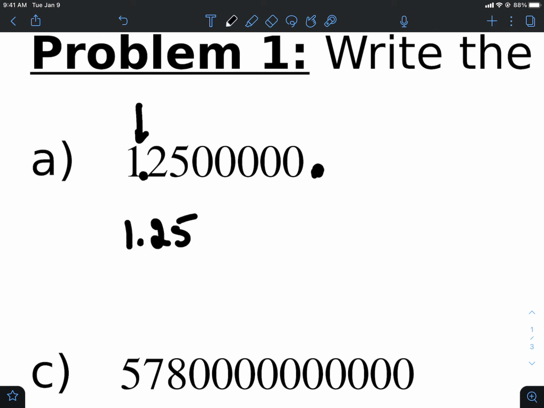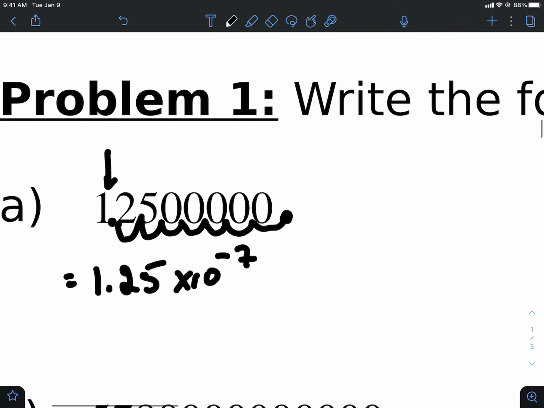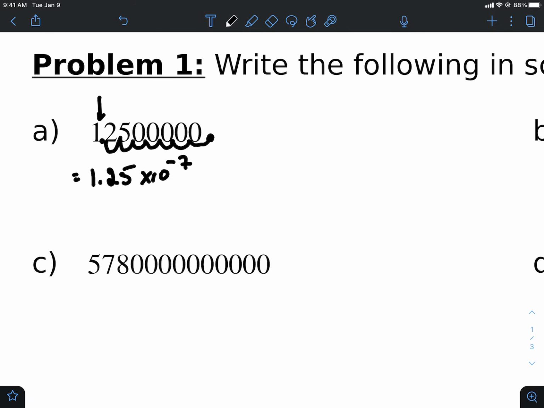Then your question has to be, times 10 to the what goes in the exponent on the 10? That has to be your question. Okay, so how many times do I need to move that decimal to the left in order to end up right there? That's your question, right? So it's as easy as counting the bumps here, right? 1, 2, 3, 4, 5, 6, 7. Does anybody have any questions?